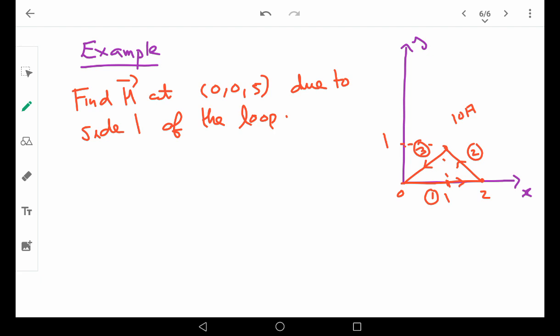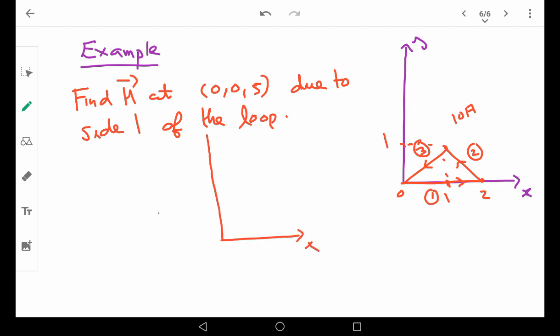So you have side one in the X direction, right? This is the X direction.